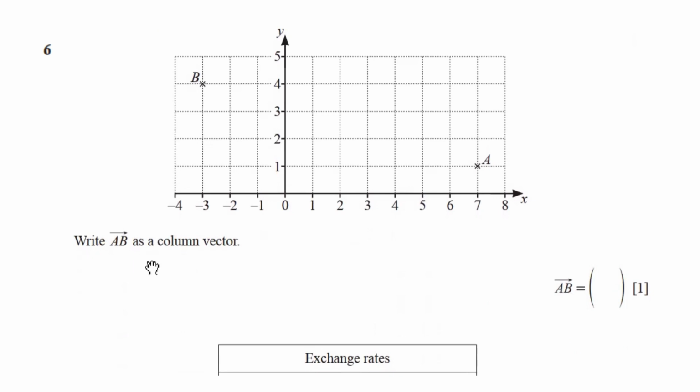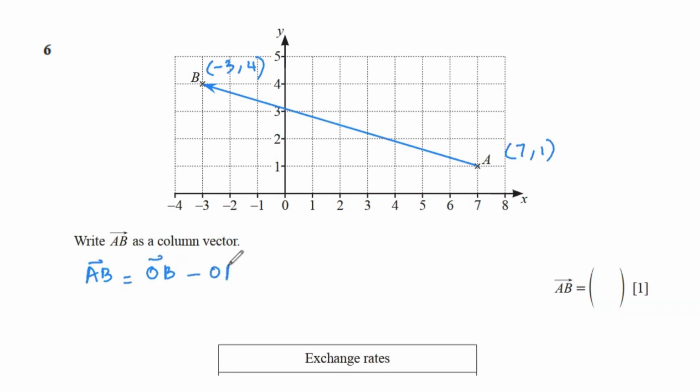Write AB as a column vector. So to write AB as a column vector, we can see that the coordinates of B are -3 and 4, and A is 7, 1. Column vector AB is basically vector OB minus OA.